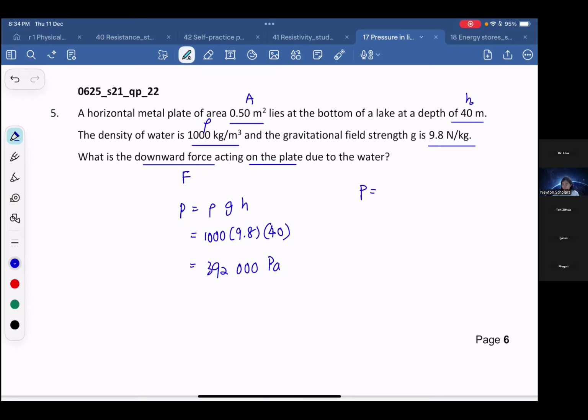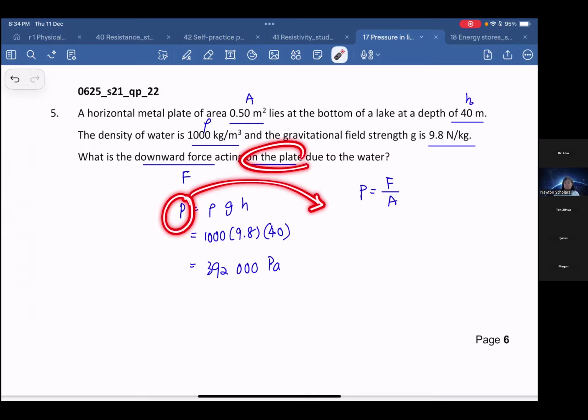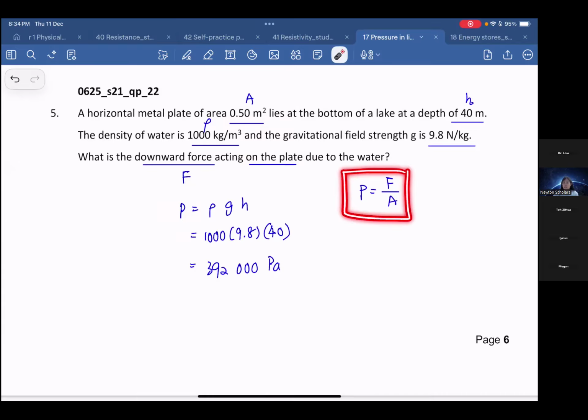We can use P equals F over A. This pressure is the pressure acting on the plate. The force is acting on the plate, area is 0.5. So that means we can use the pressure in solid. And where is the pressure? The pressure is due to the water.